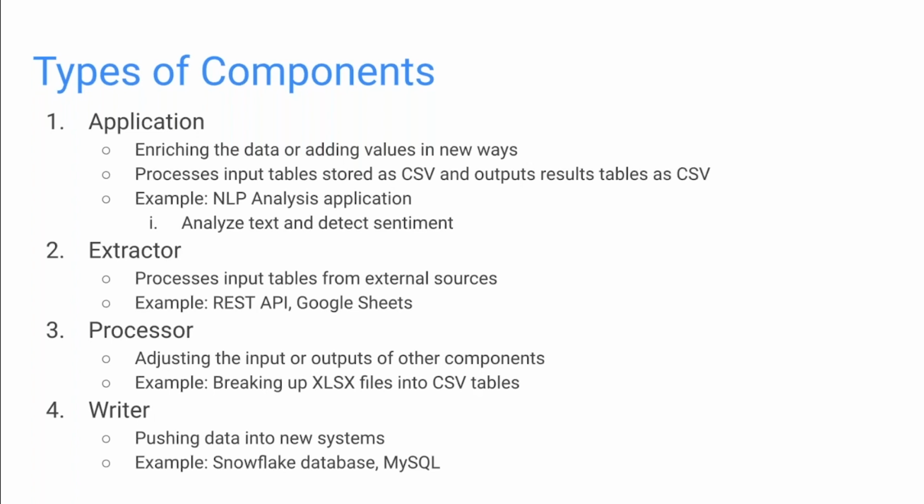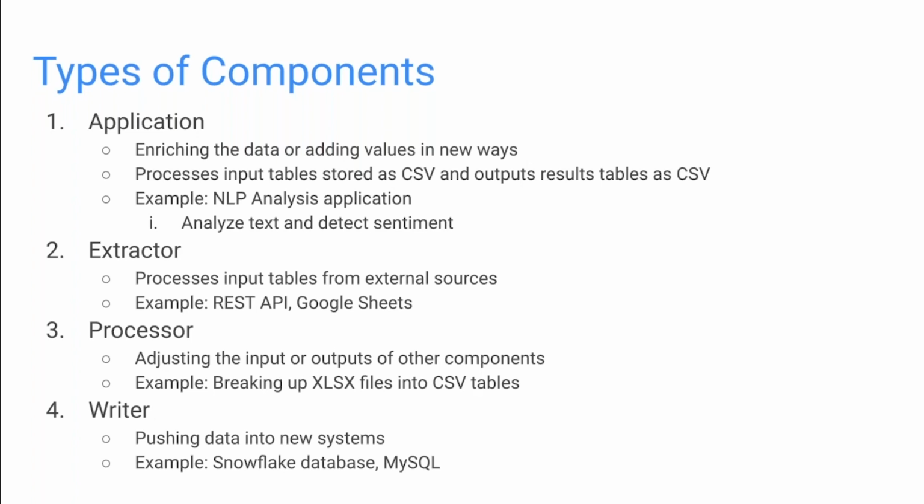It processes any input data from Keboola storage as a CSV and outputs the result as a CSV. One example is an NLP analysis application. NLP stands for natural language processing. This app basically takes a list of reviews or any words, analyzes the text, and provides the sentiment values for the user.